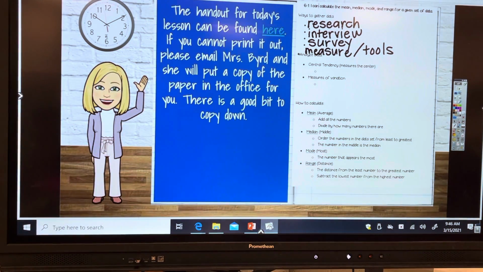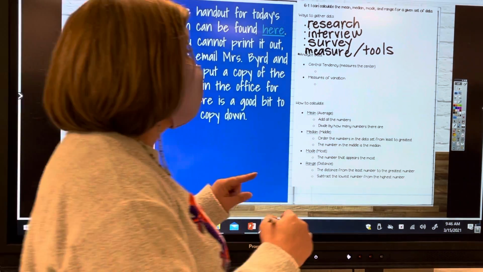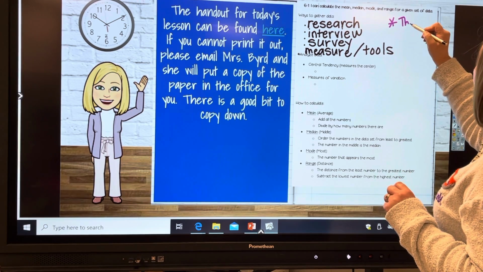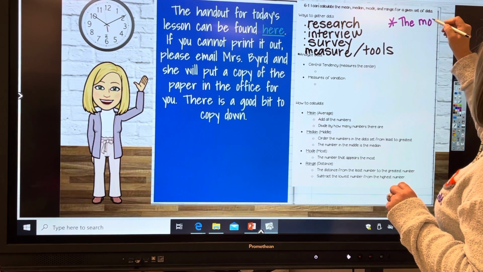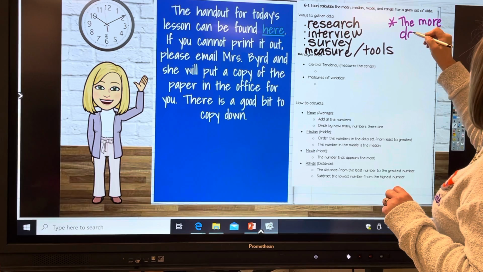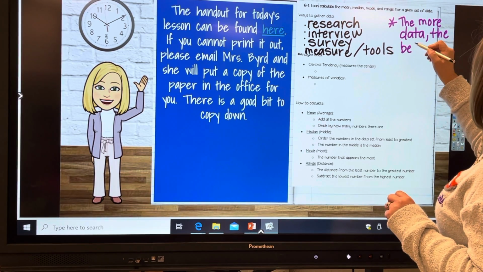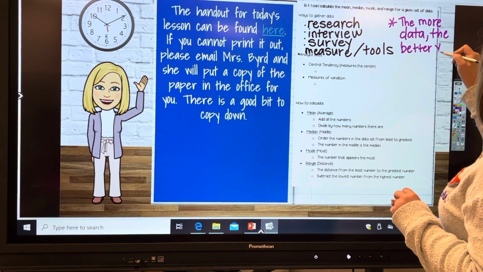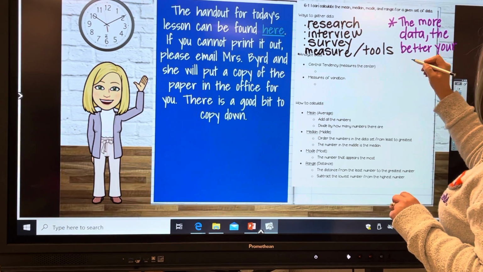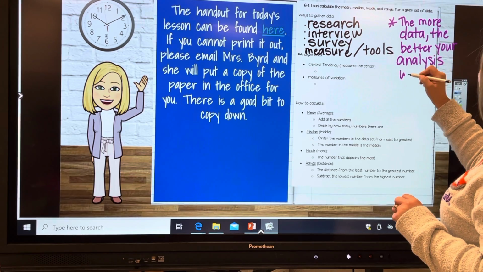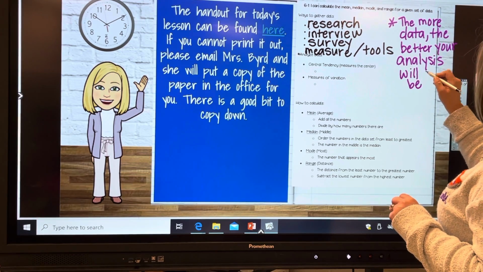Now, I am going to tell you, and I want you to write this over here to the side: the more data, the better your analysis will be.